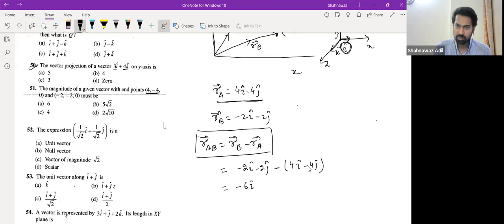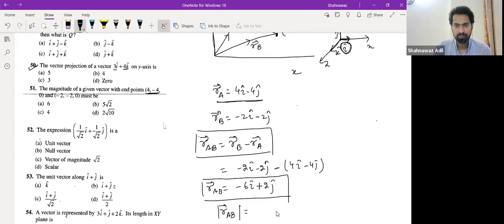And -2J plus 4J, so that would be 2J. This is the displacement vector between two points. Siddhika, what would be the magnitude of this vector? They want us to calculate the magnitude of the given vector with these endpoints.